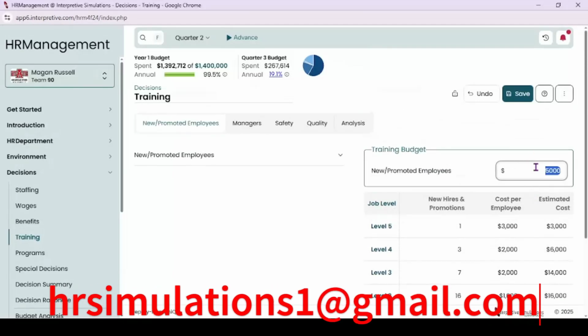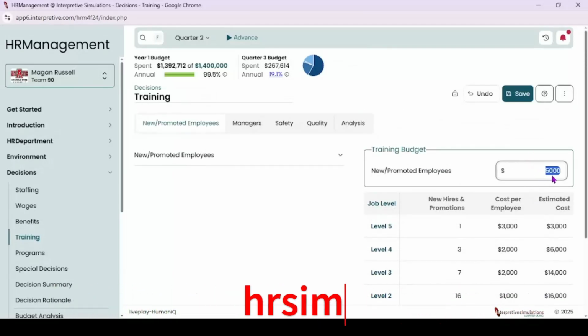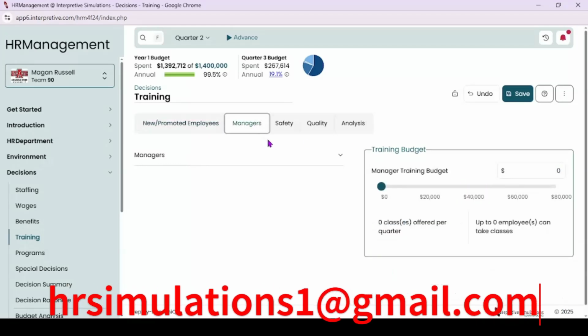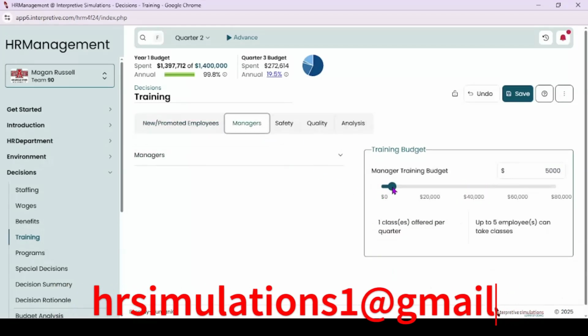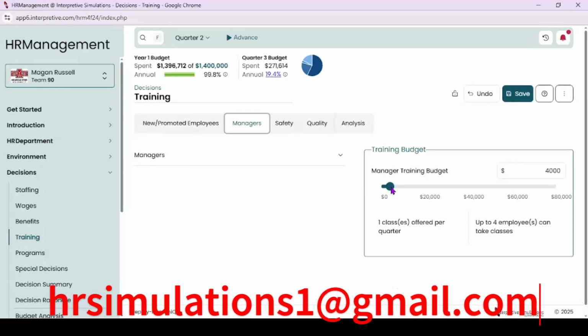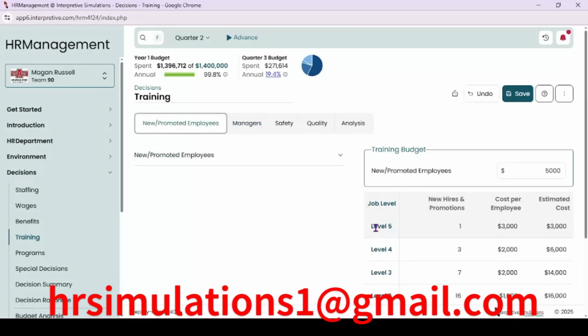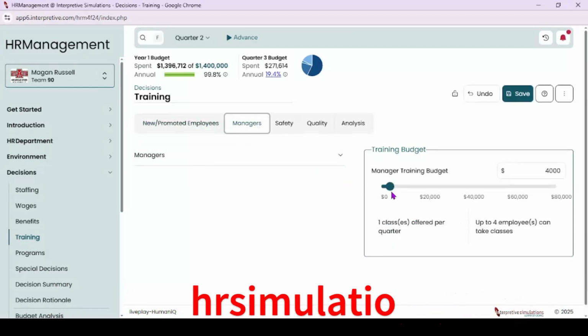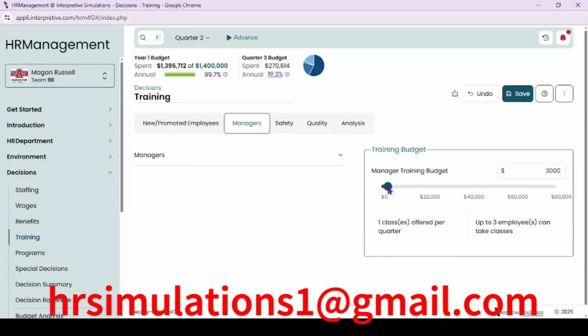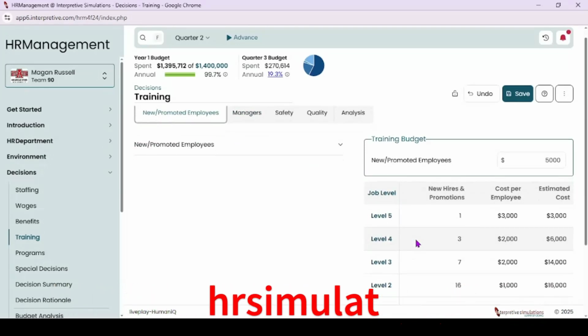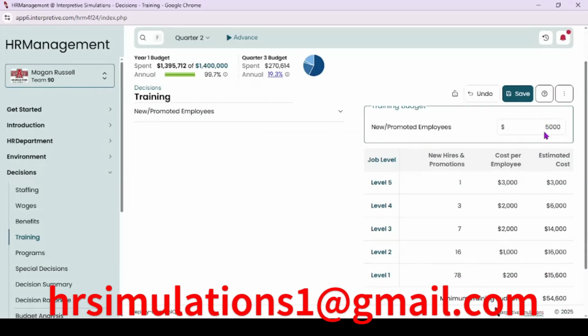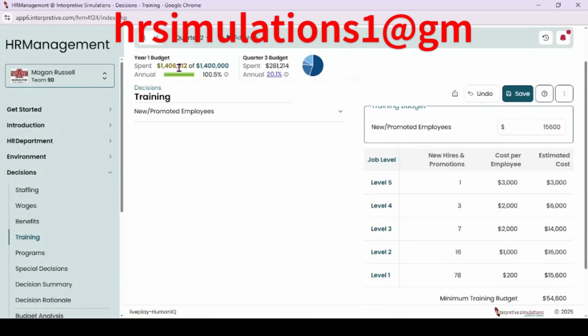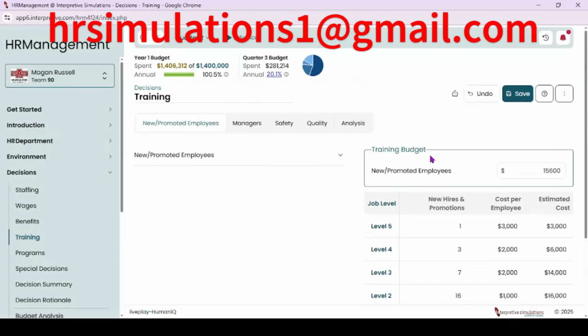So for the new employees, we shall just give it 5,000. Managers, meaning level 5, we can give it around 3,000. And then new employees who are 78, so we should give it 15,600. So we are beyond our budget, but no problem, we shall make some reductions.